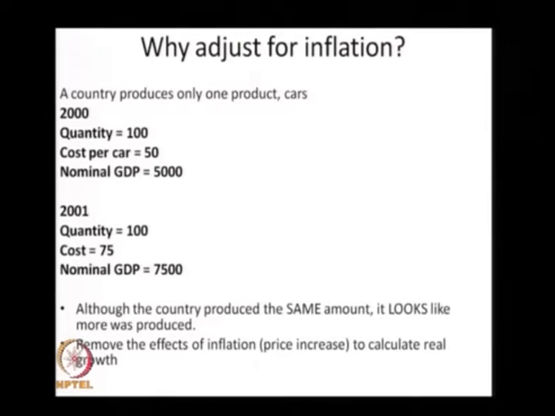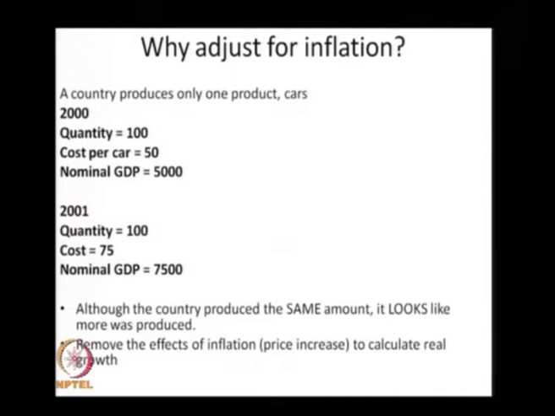The nominal GDP is 5000. So at the end of year 2000 the nominal GDP is 5000. Now let us say in 2001 the quantity of cars produced did not change, it is the same 100, but the cost of producing that car increased to 75, and the nominal GDP in this case is 7500.